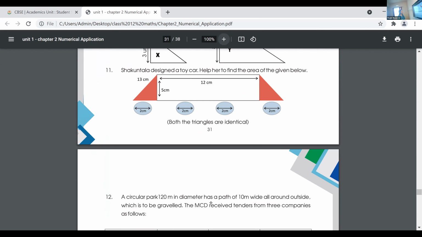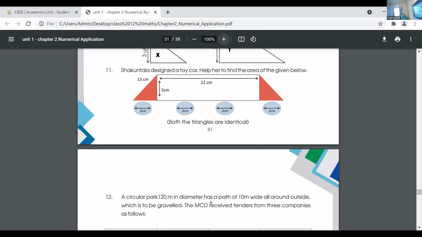What is the shape of this car here? This as a whole. If you take the shape of the car, is it a trapezium or not? Is it a trapezium, children? And for a trapezium, what is the formula for area?